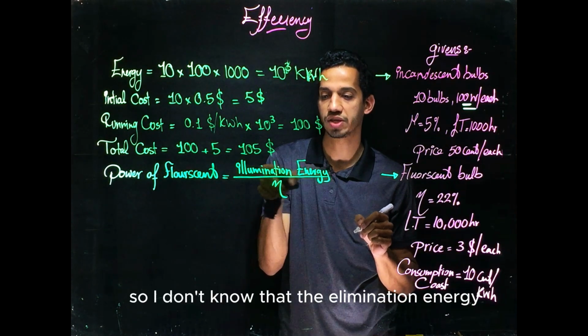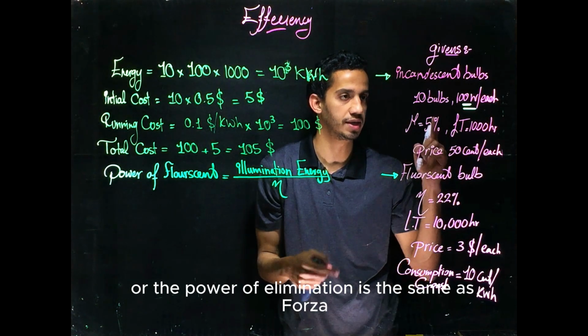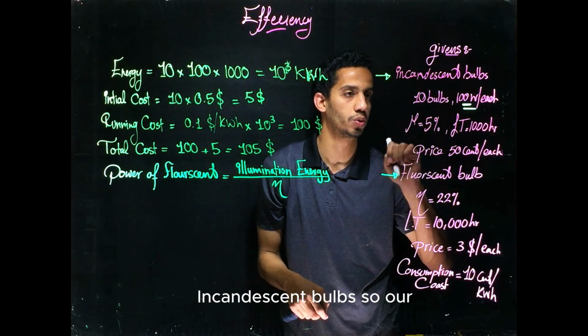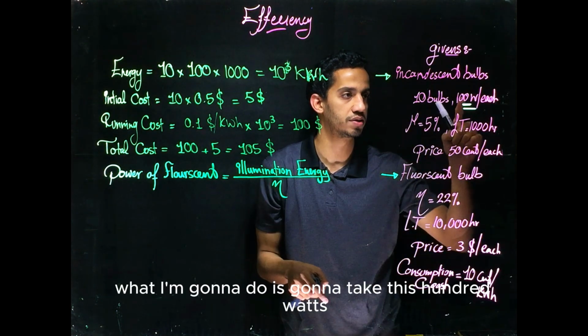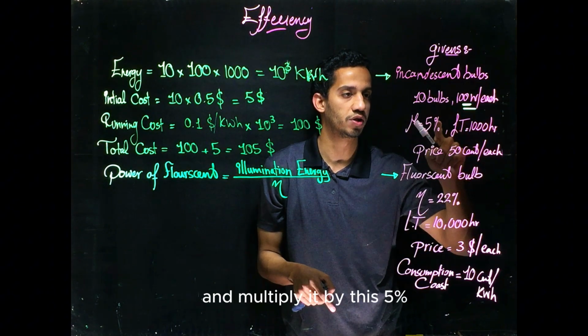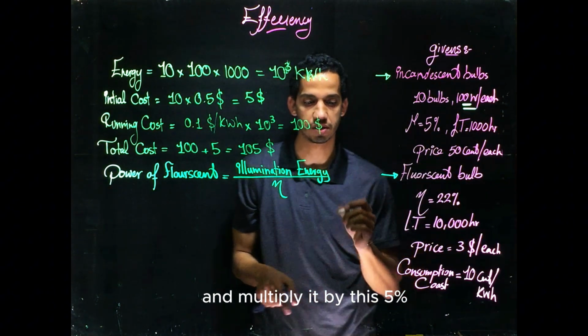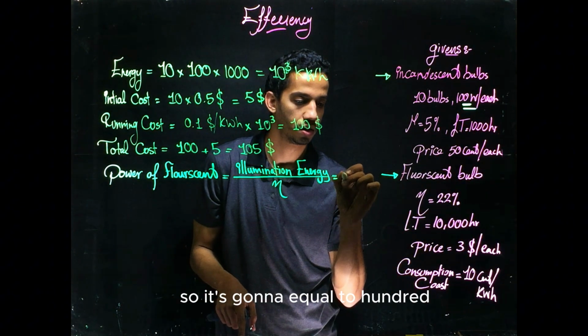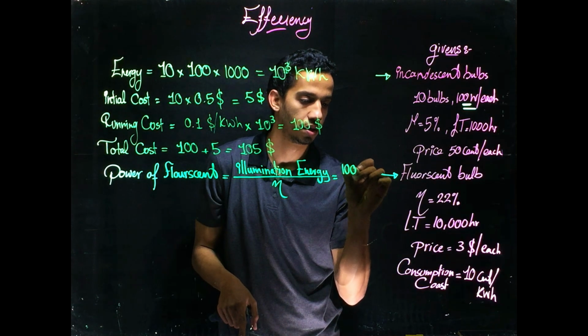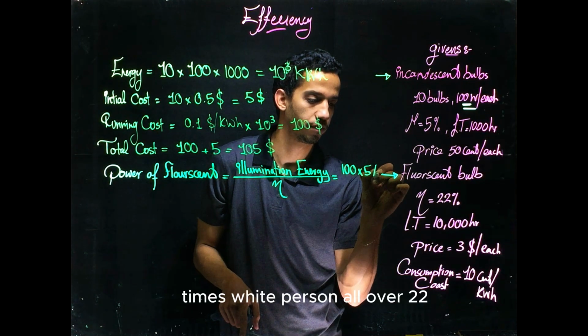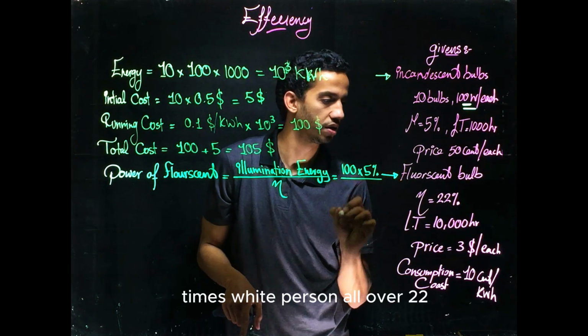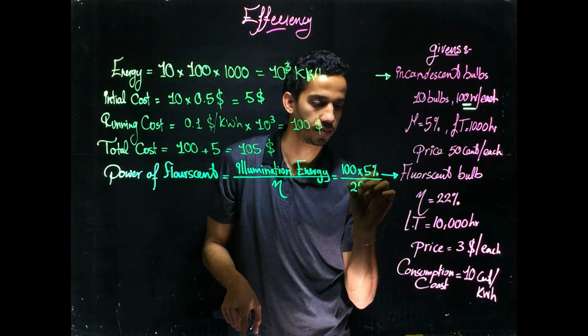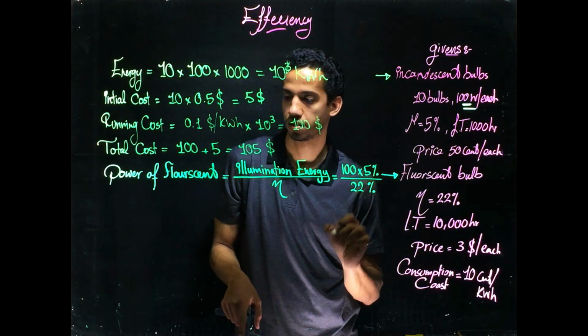Okay, so I know that the illumination energy, or the power of illumination, is the same as for the incandescent bulbs. So what I'm going to do is take these 100 watts and multiply it by this 5%. So it's going to equal 100 times 5% all over 22%.